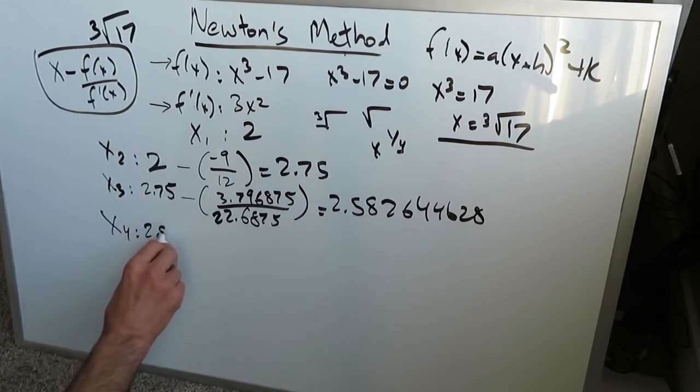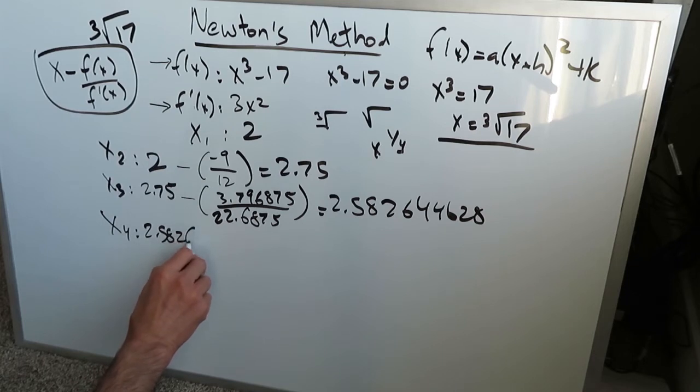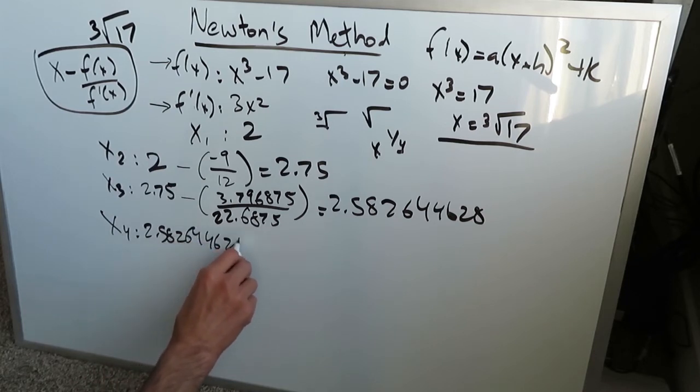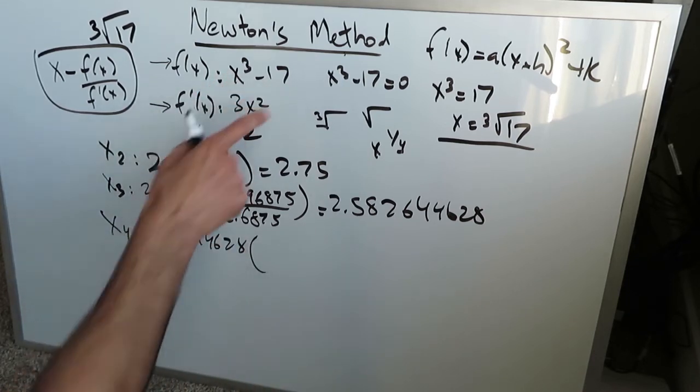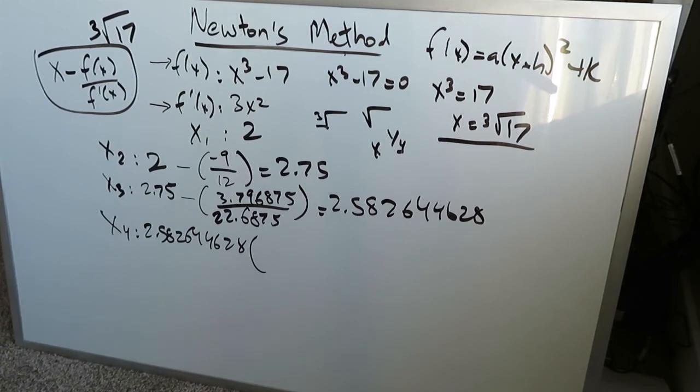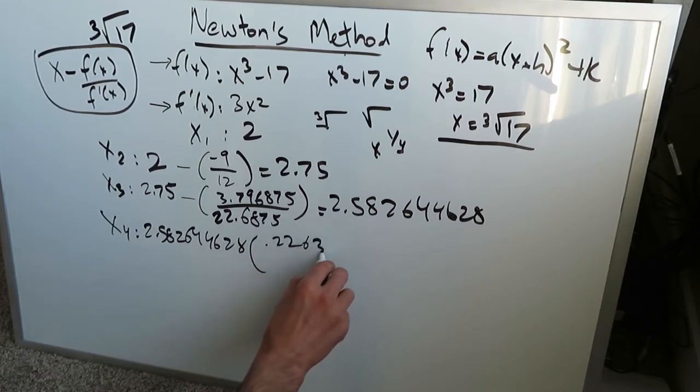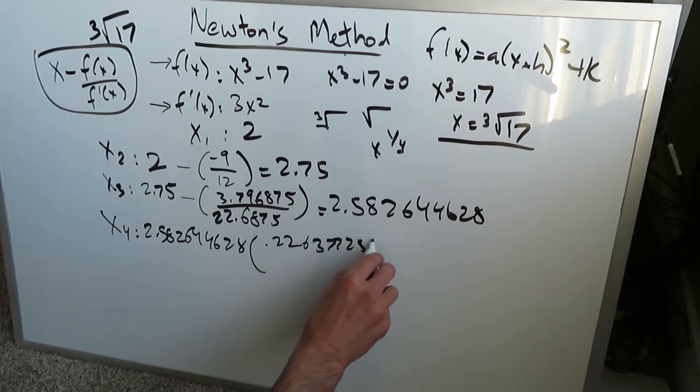Let's do 2.5826444628. We have to now run it through this procedure over here, the same value. We'll do x cubed minus 17. Here on the top in the numerator I get 0.226377259.